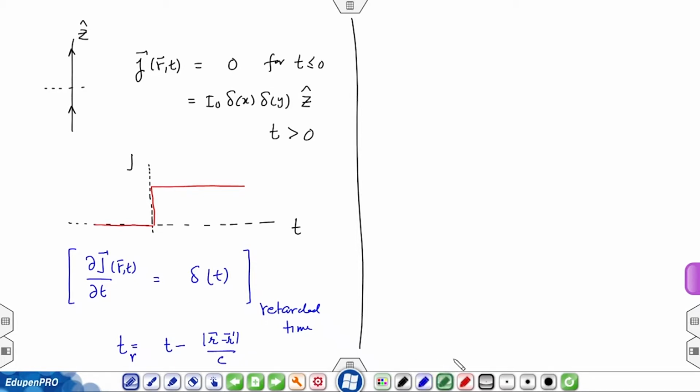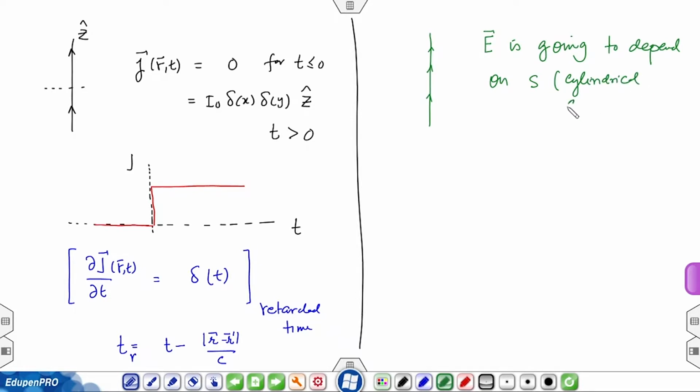Point number 2 is that because of the symmetry, when this current is going this way, E is going to depend only on the perpendicular distance from the wire. I am using cylindrical coordinates. And it is going to be cylindrically symmetric.